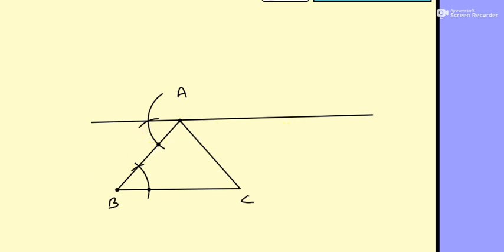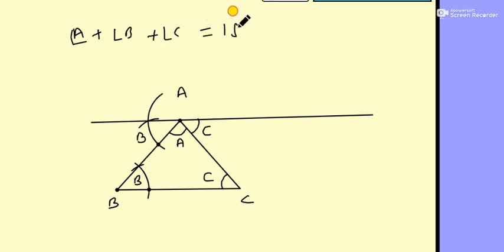As you know, in this figure, this angle is C and this angle is B. This angle is also B due to alternate interior angles, and here is angle A, here is angle B, here is angle C, and that angle C is equal to this angle C. So on this vertex, angle A plus angle B plus angle C is equal to 180 degrees.